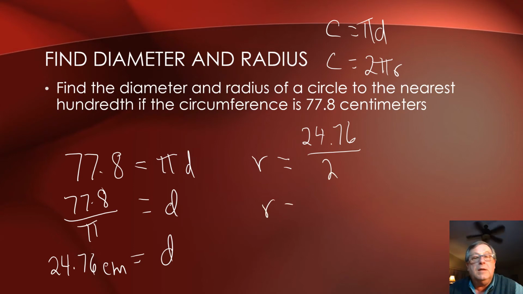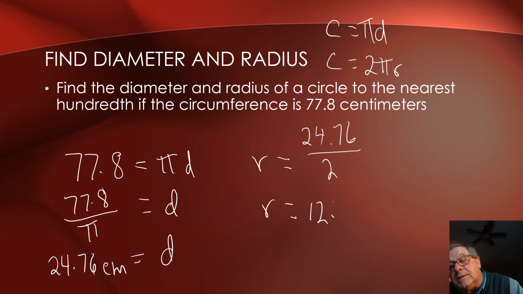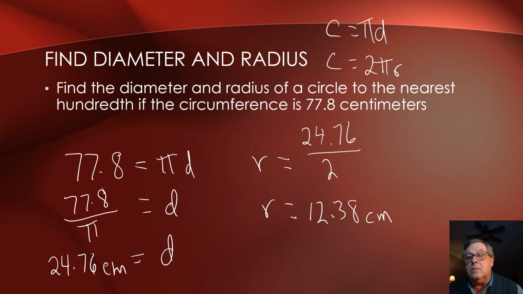And that should give me the radius. And so I take that 24.76 and I divide it by 2. And we're going to round it to the nearest hundredth. And so it is 12.38 centimeters. Don't you just love learning?